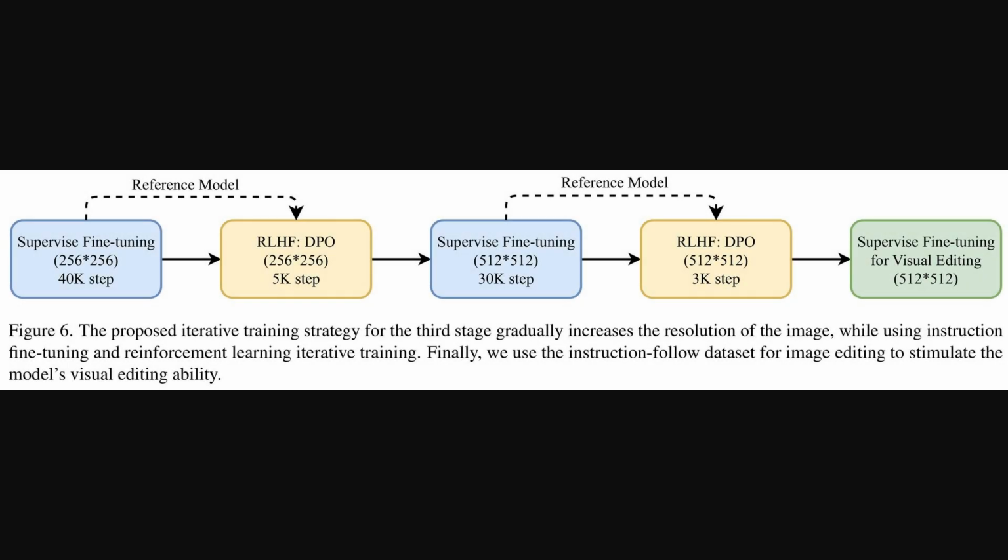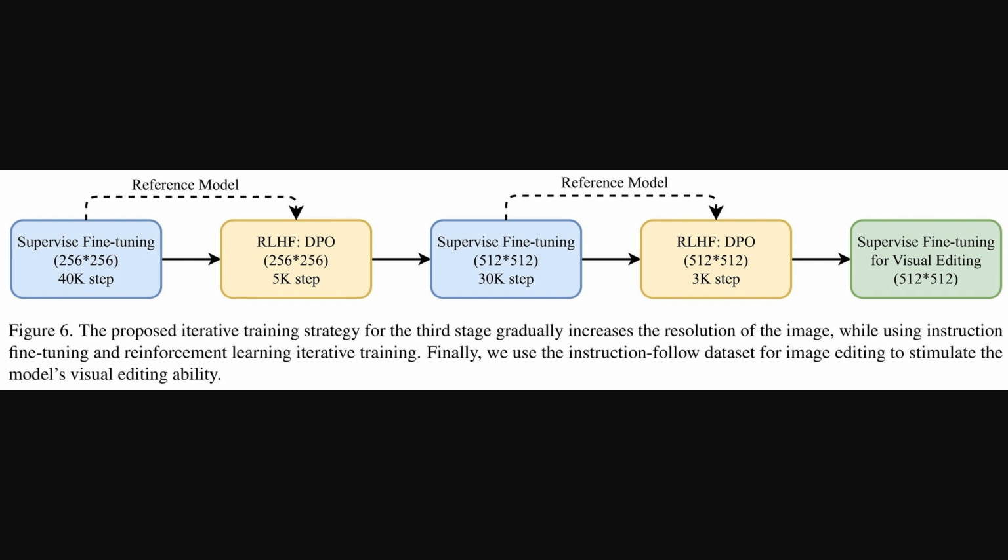Right, so building on that architecture, this diagram shows the iterative training strategy they use, specifically for the third stage. You see, they start with supervised fine-tuning, SFT, at 256 by 256 resolution. Then they apply that reinforcement learning technique, DPO, also at 256.